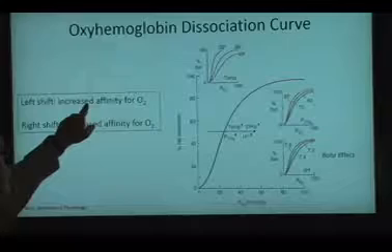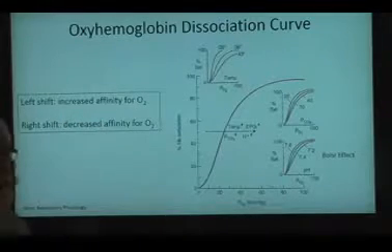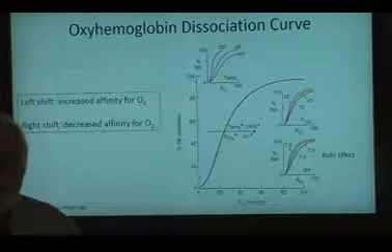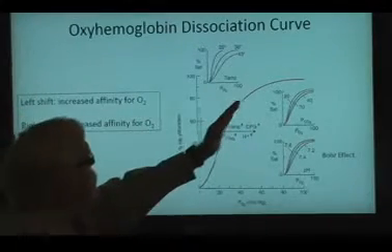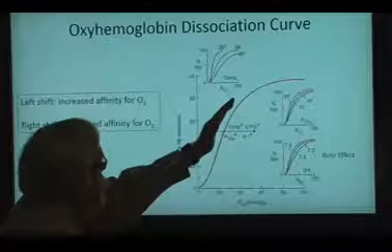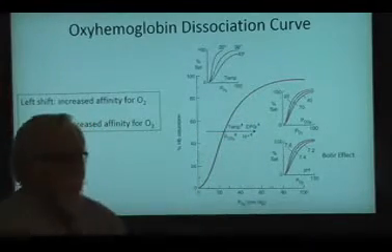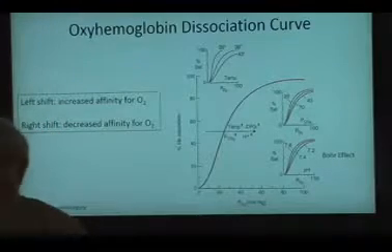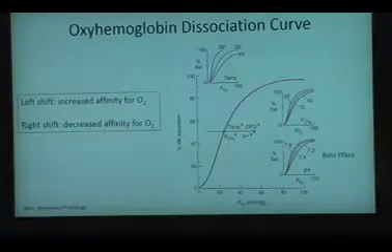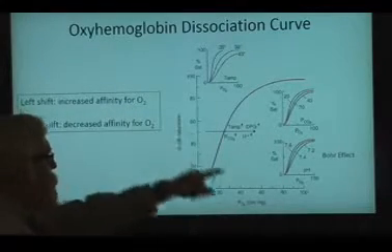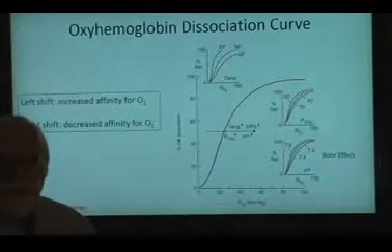A left shift of the oxyhemoglobin dissociation curve means that the hemoglobin has a higher affinity for oxygen. In other words, if we shift the curve to the left, for any given PO2, there will be a higher oxygen saturation.